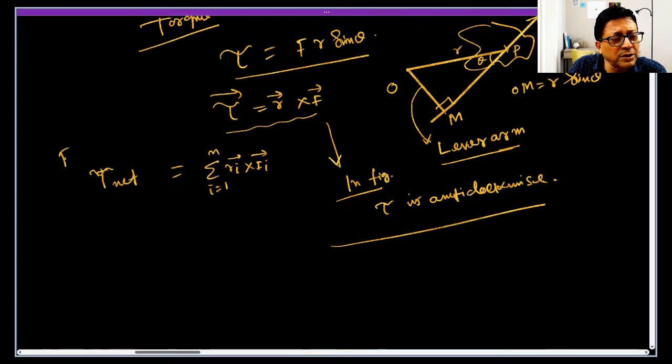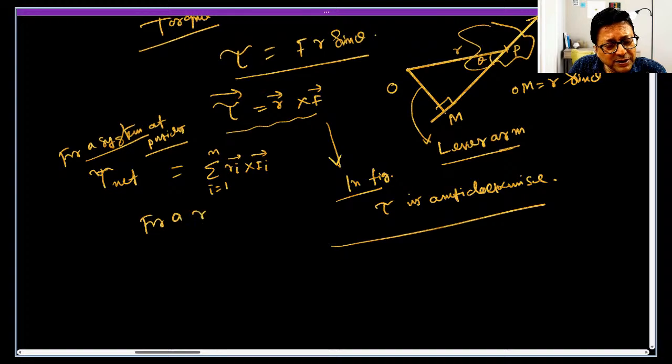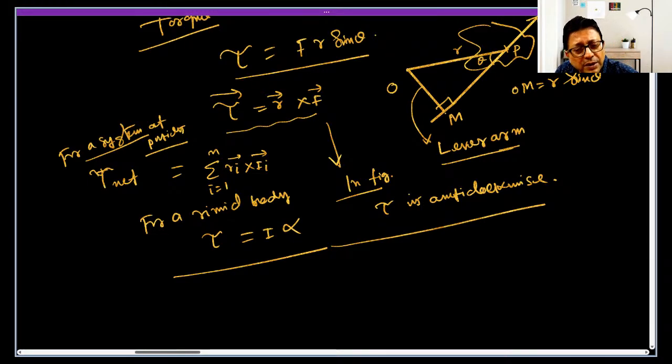This is for a system of particles. And for a rigid body, tau will be equal to I alpha.